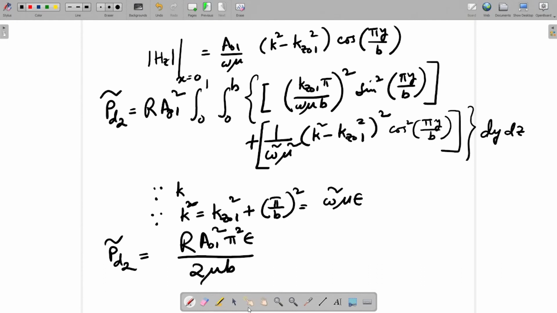And like before, an equal amount of power will be dissipated at x equal to a.